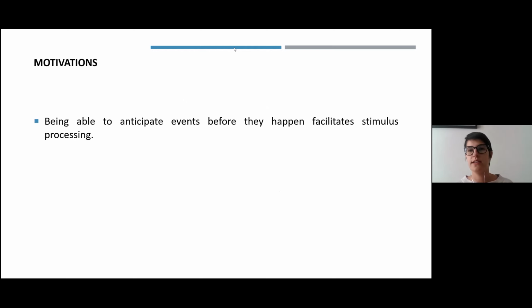When you have a valid cue that a target will be presented on the right side of the screen, for instance, you are more efficient and respond faster than when there was an invalid cue, when the target didn't appear in the expected position.